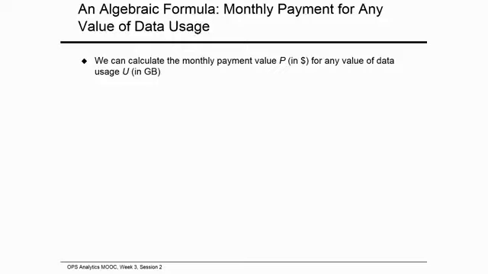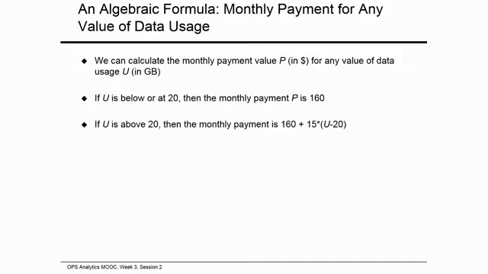So what about the distribution of monthly payments under the new plan? If we want to estimate the reward and the risk measures for this new plan, in other words, the expected monthly payment and the standard deviation of monthly payments, what are they? Let us use the verbal description of the new plan to connect the random input, data usage U, to the random output, whose probability distribution we're interested in, monthly payment P. If U is below or at 20, then the monthly payment P is 160.